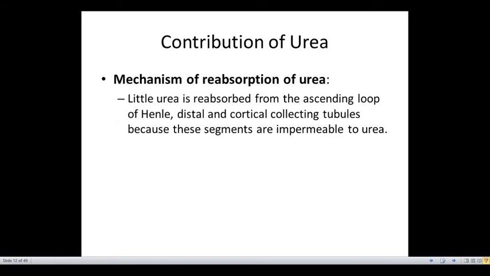Mechanism of reabsorption of urea. Little urea is reabsorbed from the ascending loop of Henle, distal and cortical collecting tubules, because these segments are impermeable to urea.